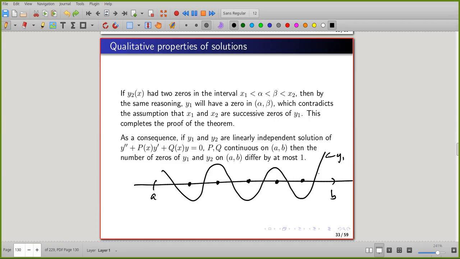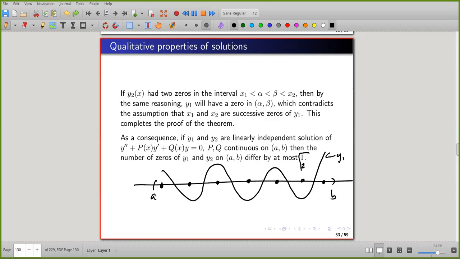Can it have zeros here? I'm wondering if this number should be 2. Is this 1 or 2? I'm a little bit confused now. Should this be at most 1 or at most 2?